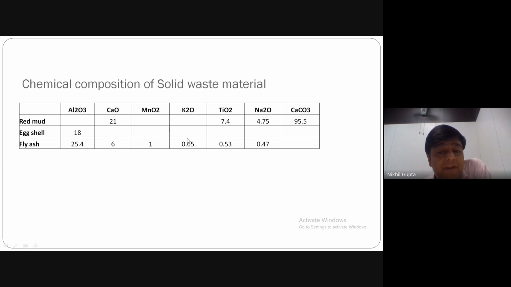Sir, potassium oxide 0.65%, titanium oxide in red mud 7.4, in fly ash 0.53, and sodium oxide 4.75, and in fly ash 0.47. Calcium carbonate in red mud is 95.5%, sir. So due to these characteristics, it can also be considered as a waste material in magnesium metal matrix.